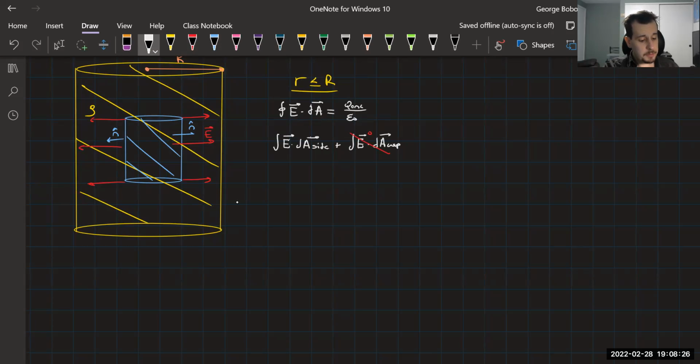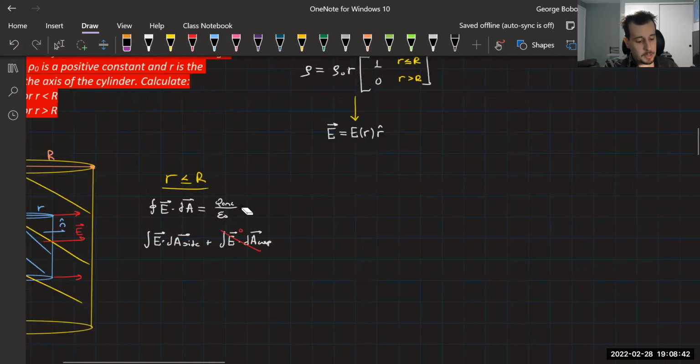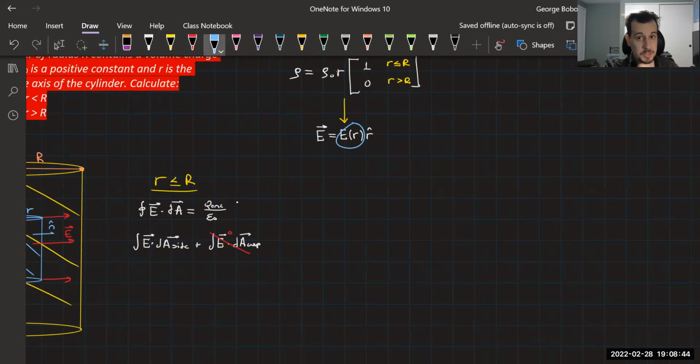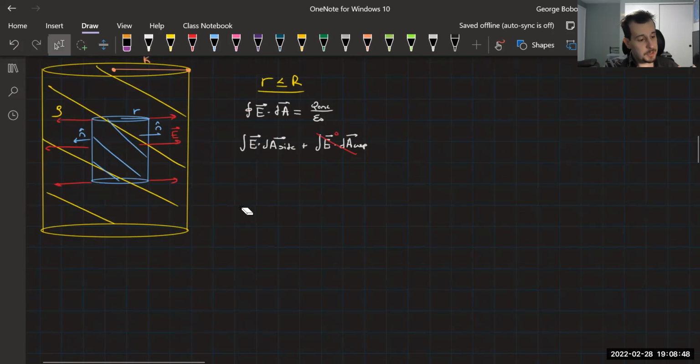On the side, we have the beautiful simplifications with the normals and the electric field. Don't forget that your Gaussian surface has a constant radius r for its side portion. Everybody sitting on the side has a constant value of r, ensuring that the electric field is constant across the entire side of the cylinder, which means the electric field goes outside the integral as usual.